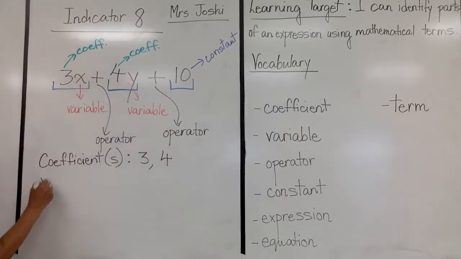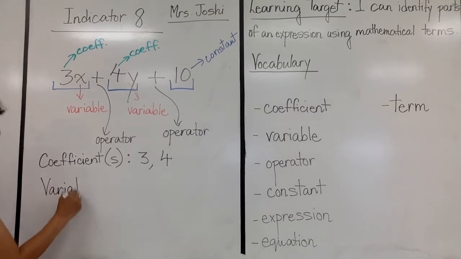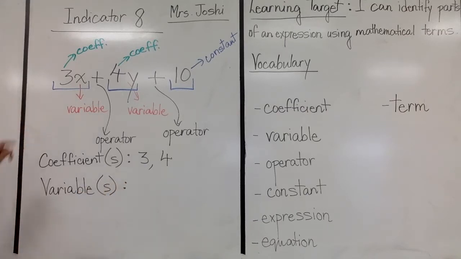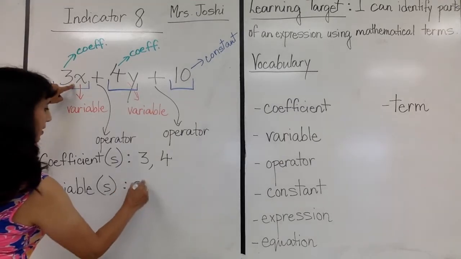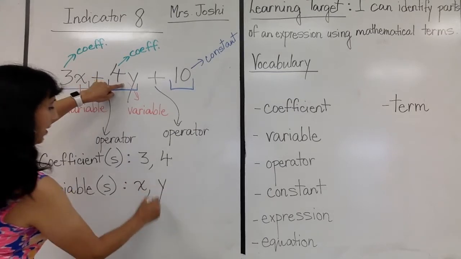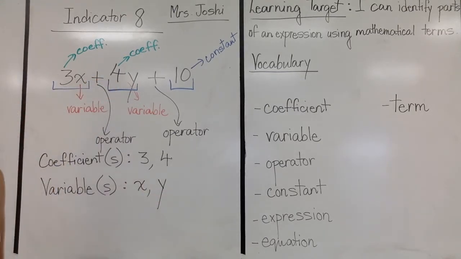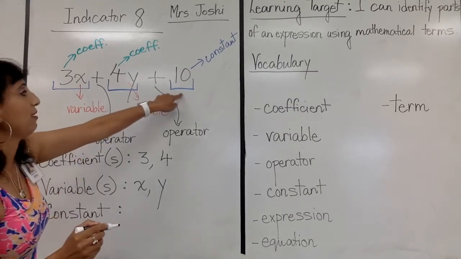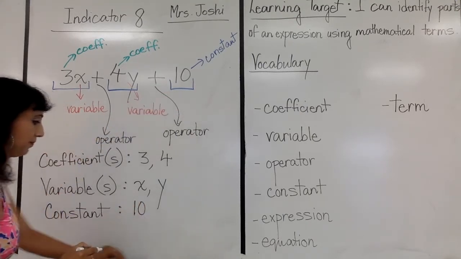If you were asked what the variables are, you would look at how many alphabets I have here that are connected. We have x and we have y. So these are my variables. A variable represents a number. Please remember that. Then if it asks what's the constant, remember the constant is the fixed number. So my fixed number is 10.